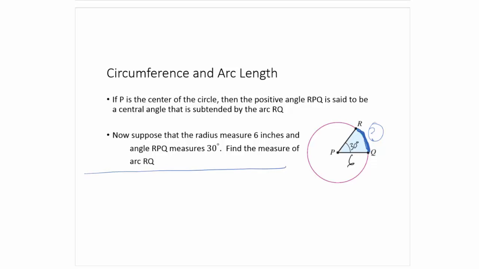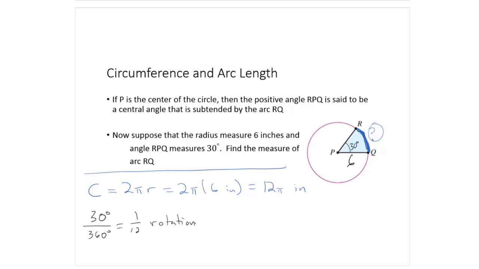I know that the circumference is 2 pi times the radius, and so that would be 2 pi times 6 inches. And so that would be 12 inches. Sorry, it's not 12 inches, it's 12 pi inches. Recall from earlier that 30 degrees out of 360 degrees is 1/12 of a rotation, 1/12 of a revolution.